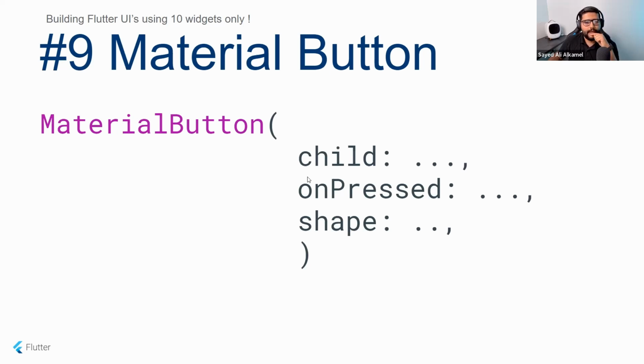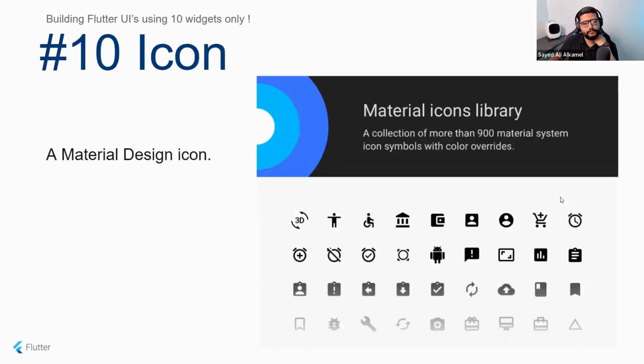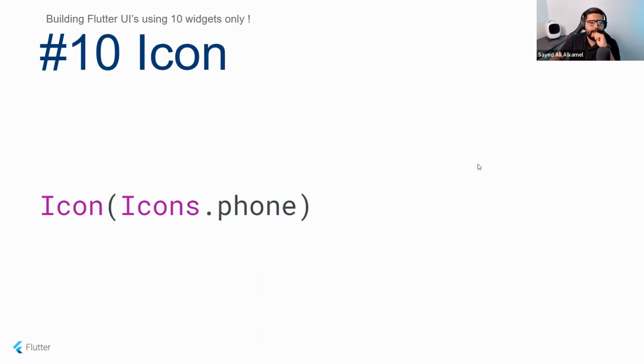Okay, a basic way of using a button. So yeah, you have a flat button. Also, you have other kinds of buttons like the outline button or raised button. And one of the things that I really liked in Flutter is the icon widget, where you can easily add an icon wherever you want.